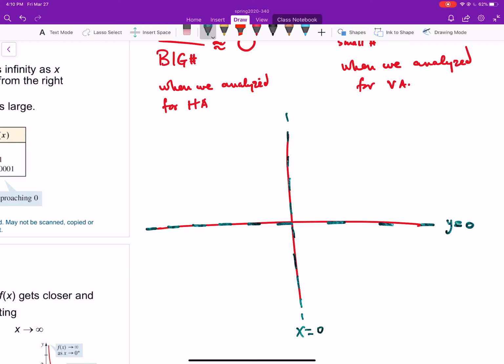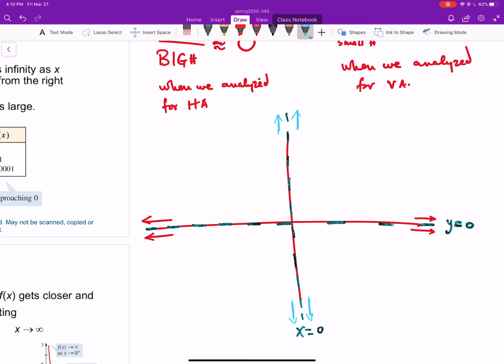There are no x and y intercepts. All I know is that as I get close to y equal to 0, the graph could be doing this or that. Or it could be going there or there. And then I also know that if I am getting closer to this vertical asymptote, I am either this or that or this or that.